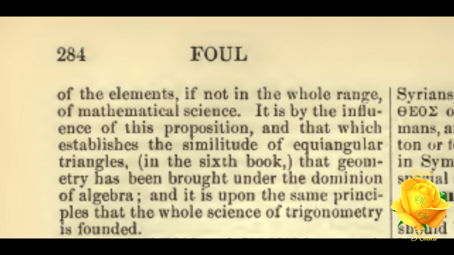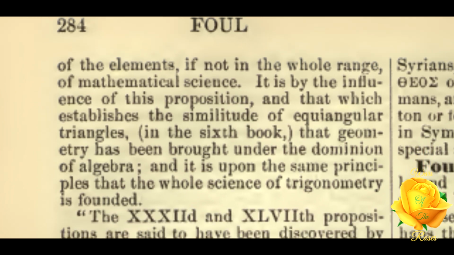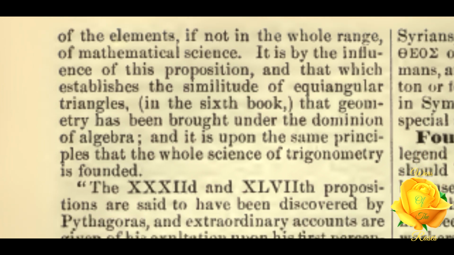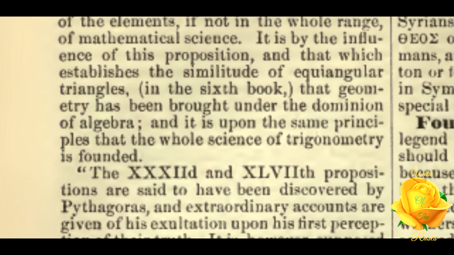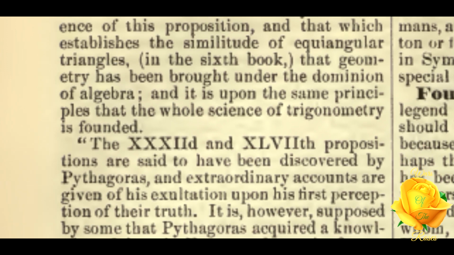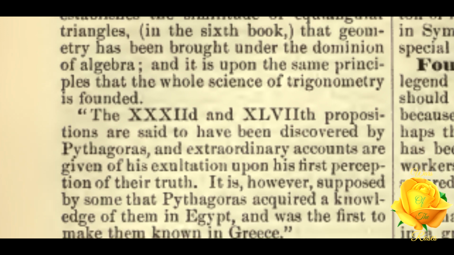It is by the influence of this proposition, and that which establishes the similitude of equiangular triangles in the 6th book, that geometry has been brought under the dominion of algebra, and it is upon the same principle that the whole science of trigonometry is founded.